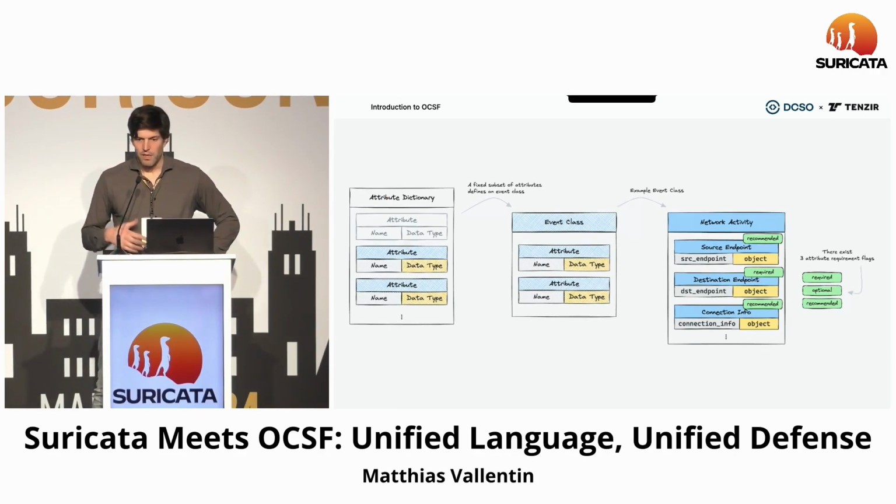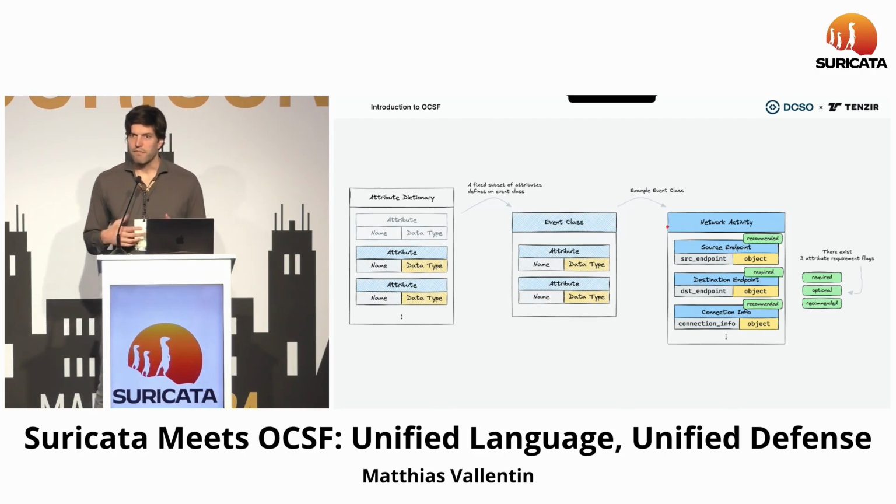Could be a source IP, destination IP, all of these things that describe the data type, and then you can assemble out of these attributes a so-called event class. The event class is a template for an event, and one specific event class here is the network activity event.